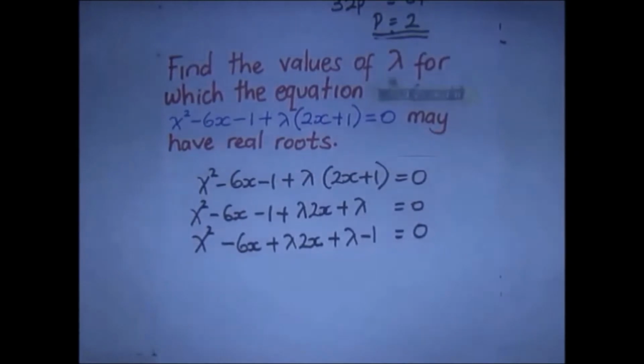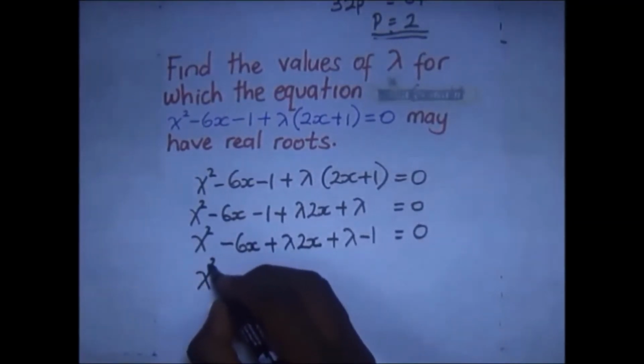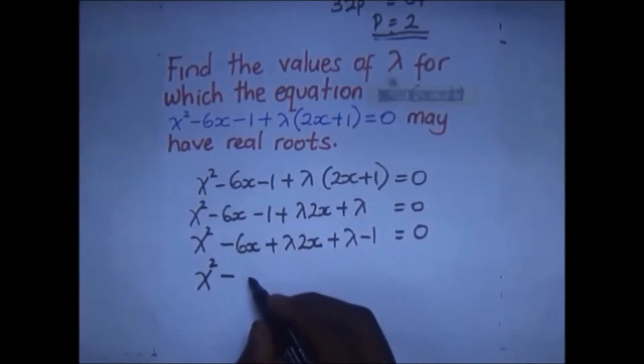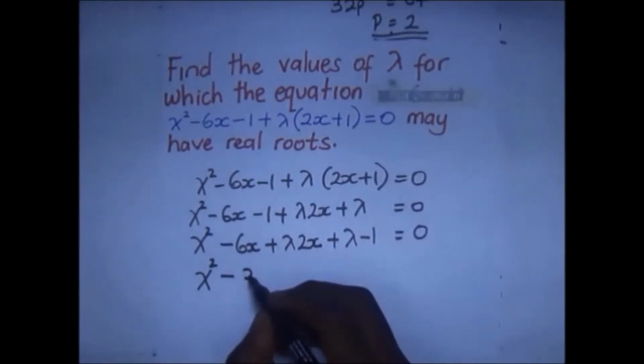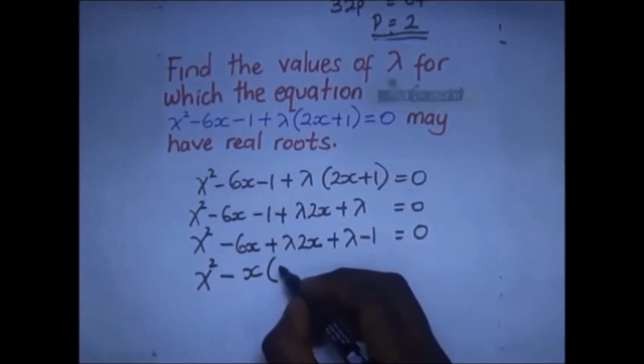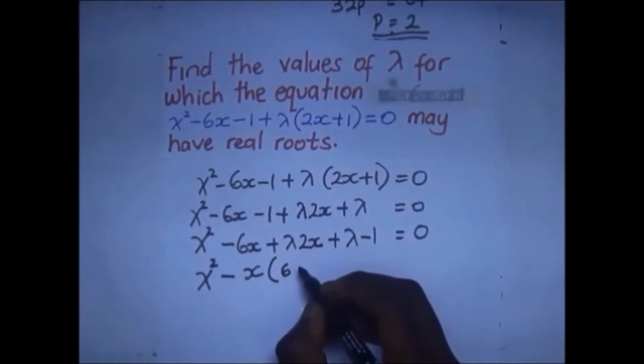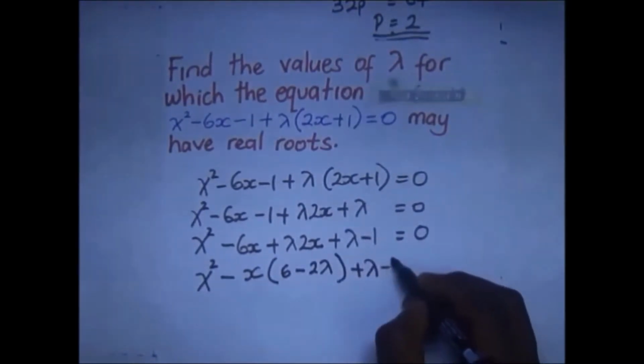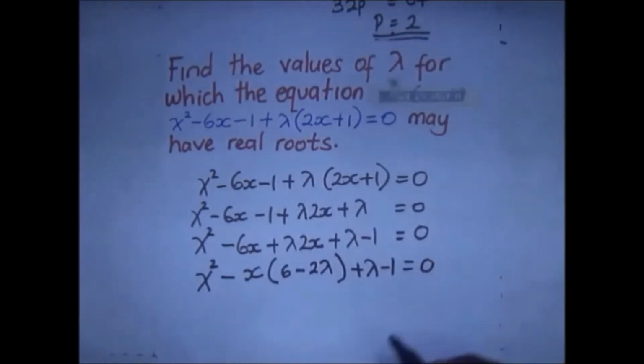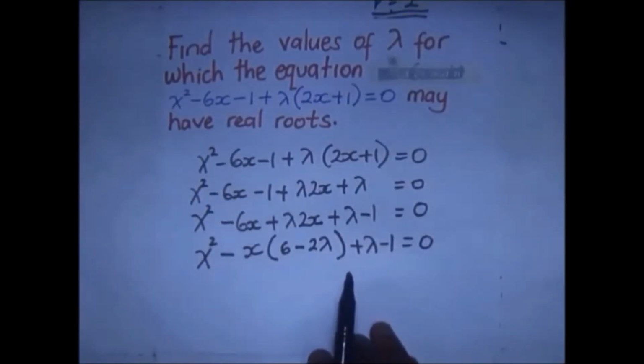So if that is giving us 0, we'll end up with the quadratic expression in x is going to be x squared minus, put this minus x into 6 plus lambda minus 1 is equal to 0. So we formed the quadratic equation in x.